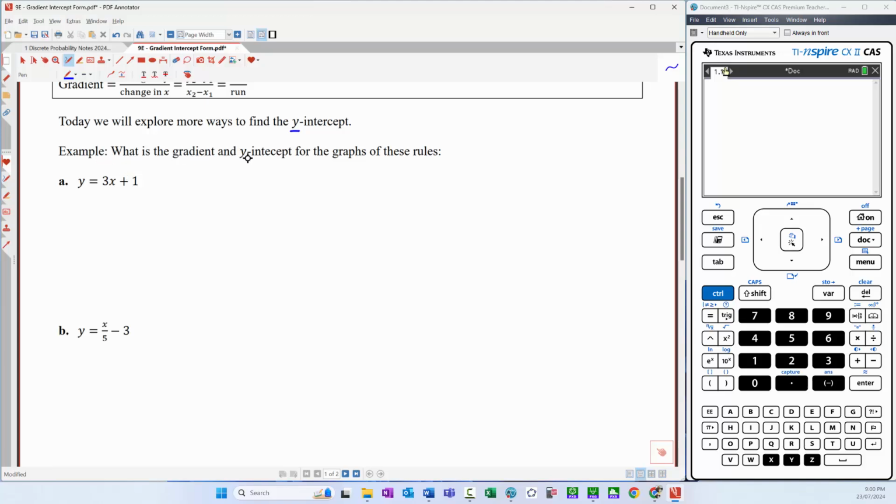So what is the gradient and y-intercept for the graphs of these rules? Again, we're not going to draw or visualize the graph. All we're going to do is compare the rule to y equals mx plus c form. We can see that the value of m is this one here, the 3, so m equals 3. And this c value here matches up with this value here, so c is equal to 1.